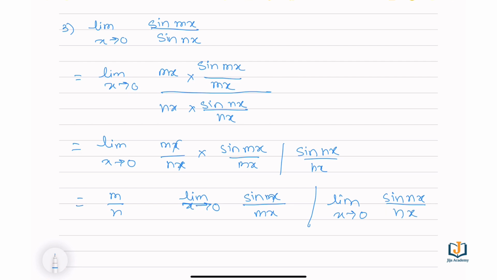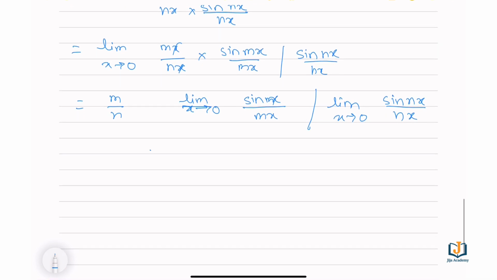And we know that limit theta tends to 0 sin theta upon theta is equal to 1. So this is equal to 1 and this is equal to 1. So we get m upon n into 1 upon 1.